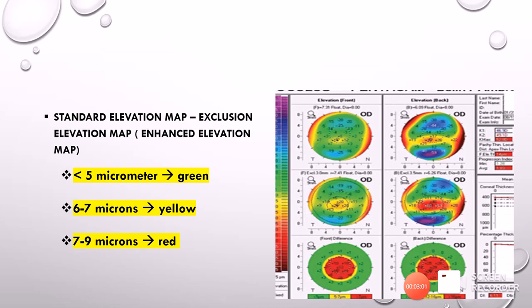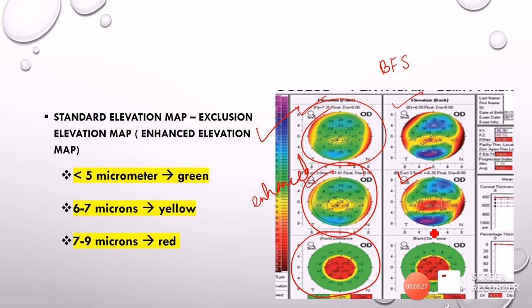Initially we had these elevation maps calculated for the anterior surface and the posterior surface using the best fit sphere. Then we eliminated the ectatic areas and calculated a new one. So these were the new maps that we got through the enhanced best fit sphere, and then we subtract the first maps from the second maps, and we get a difference map like this on the BAD display.